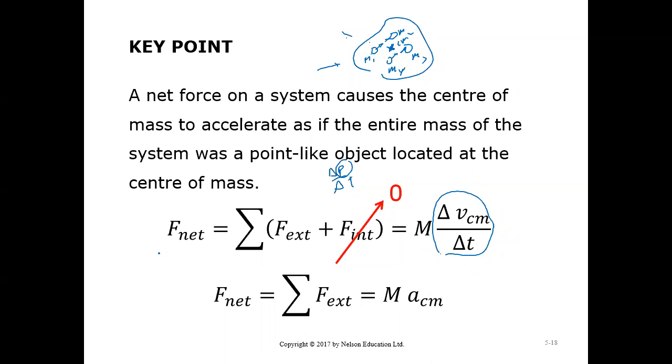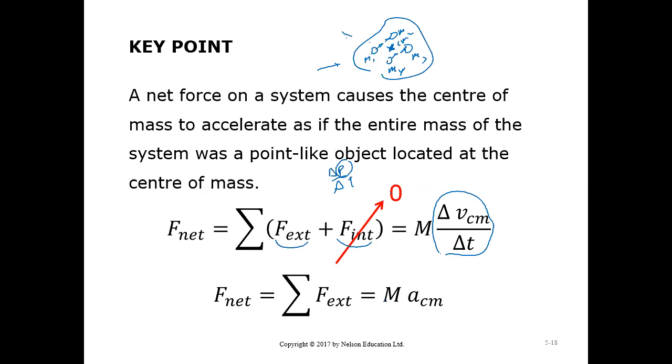So the net force consists of these two kinds of forces: the external force that is coming from outside, and the internal force that is due to interaction between the masses. Now, these internal forces will come in pairs, right? We will have equal and opposite forces, Newton's third law.